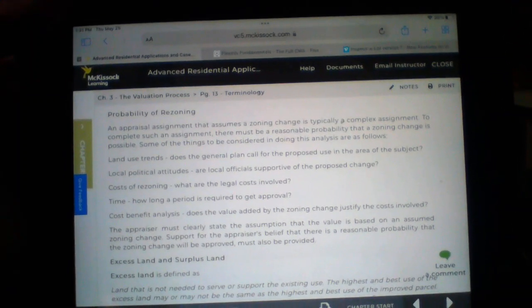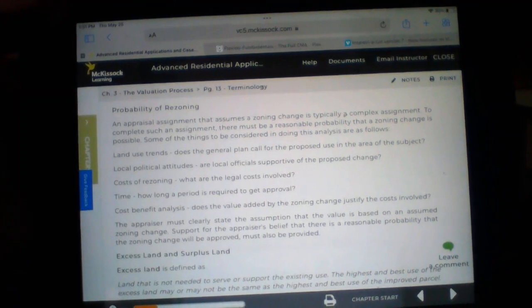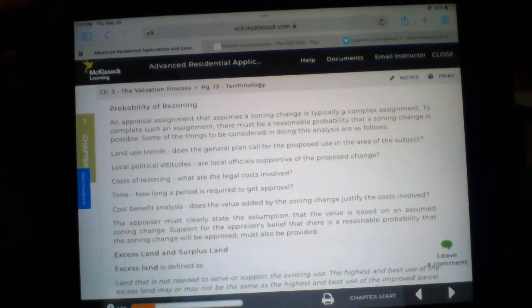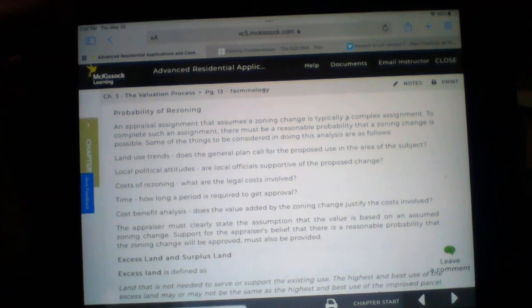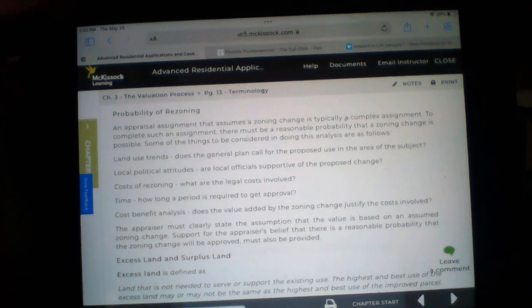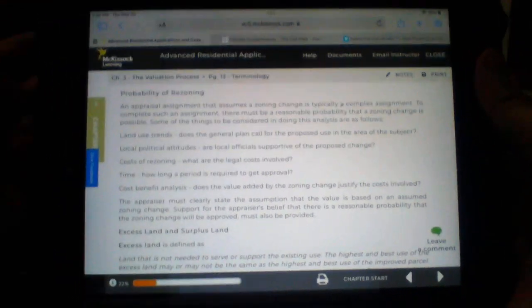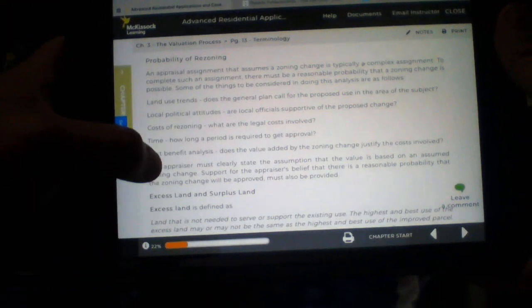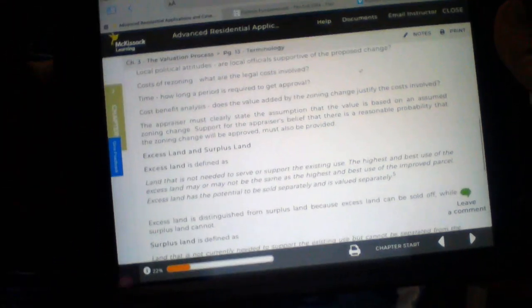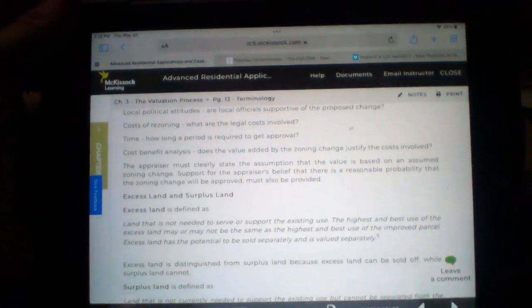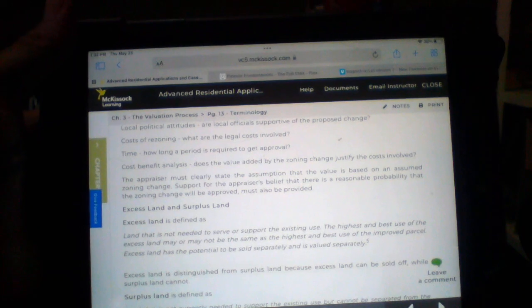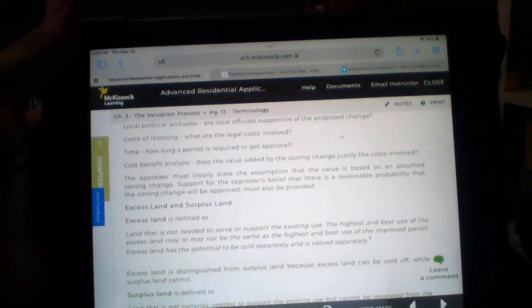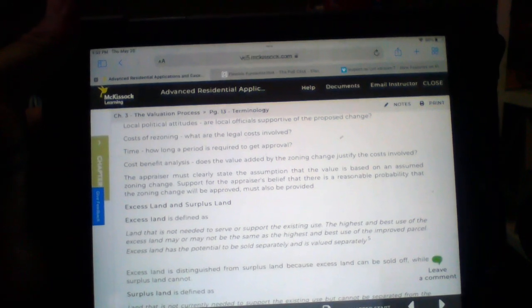Land use trends. Does the general plan call for the proposed use in the area of the subject? Local political attitudes. Are local officials supportive of the proposed change? Costs of rezoning.